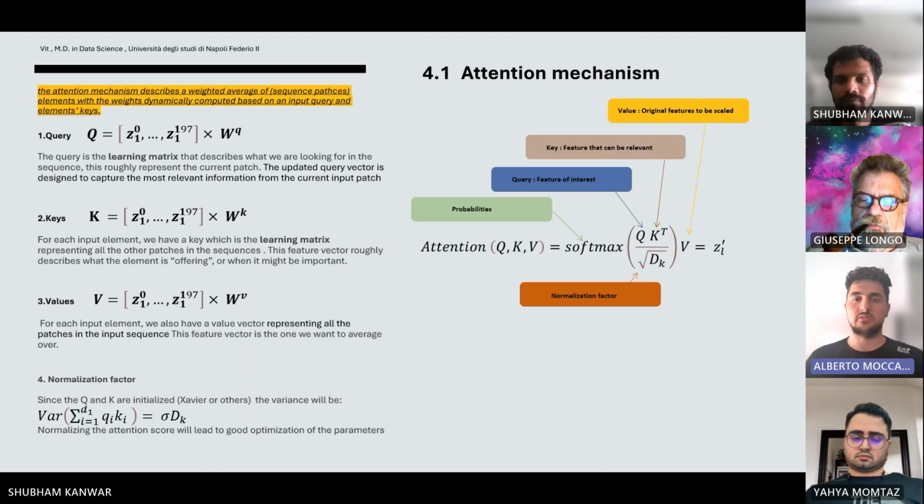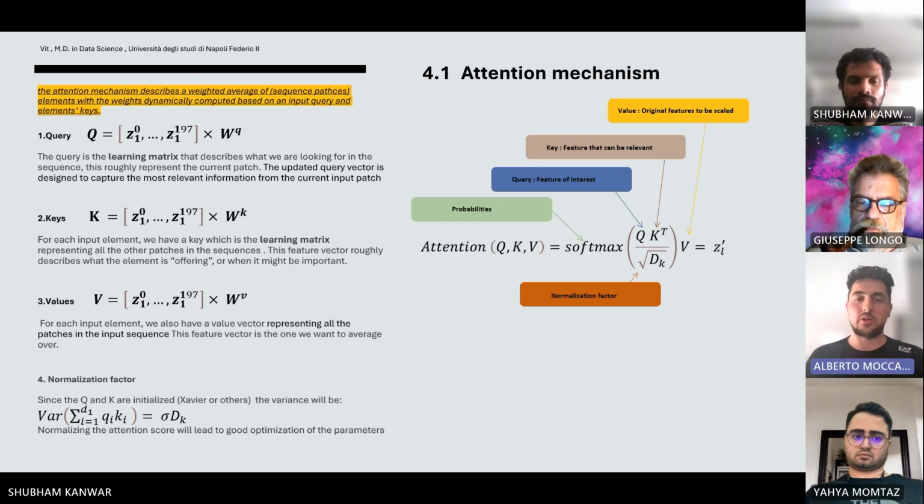Then this product that represents the similarity between the query and the key goes through a softmax attention function in order to squish to 0 those similarities that are lower and increase the value of each pair of patch and key which presents higher similarity.